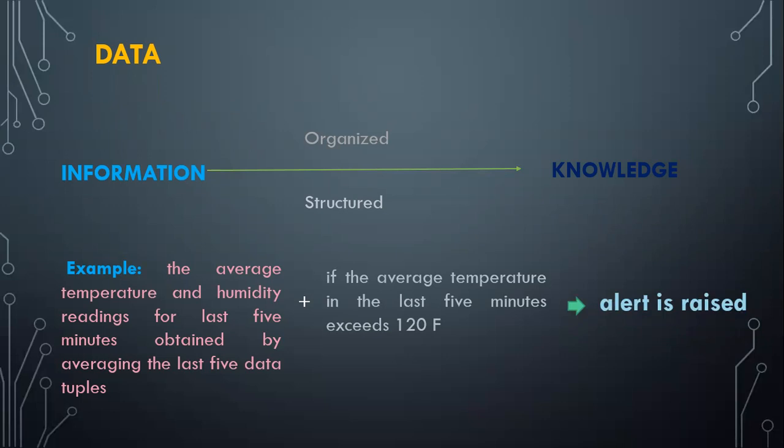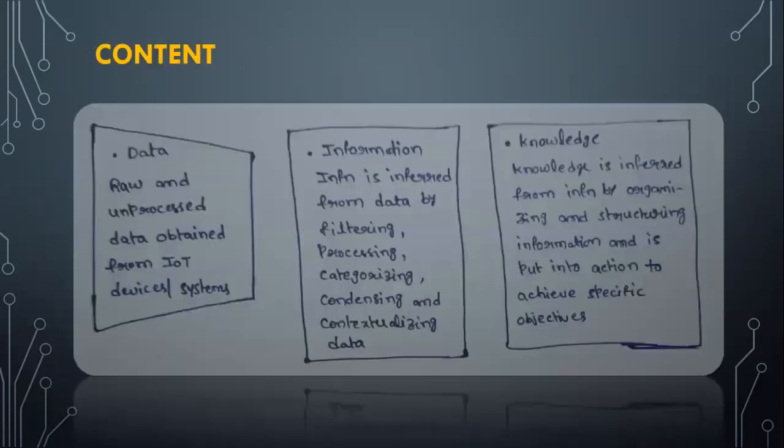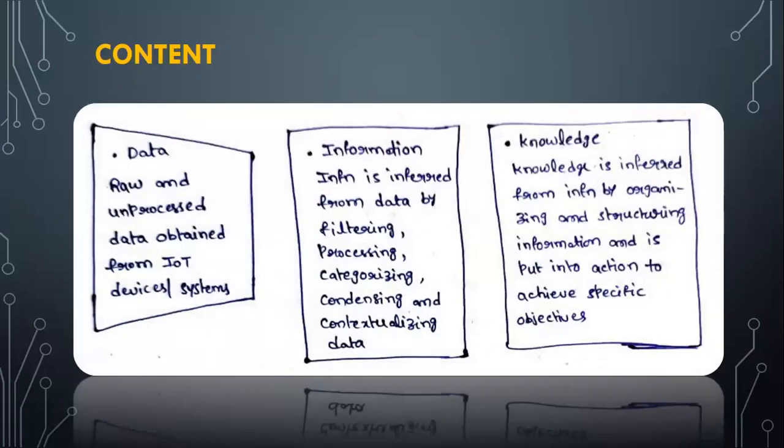So, this is the way to infer information and knowledge from data. After extracting the knowledge, you can perform some action to achieve specific objectives of the user or the mission. The overall summary of how to infer knowledge and information from the data is shown in this diagram.